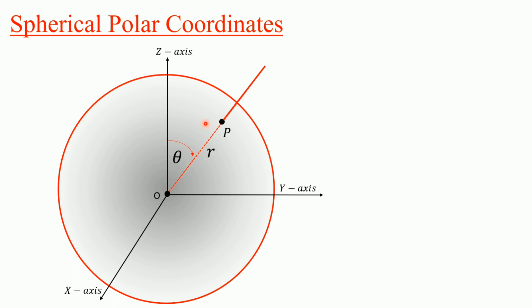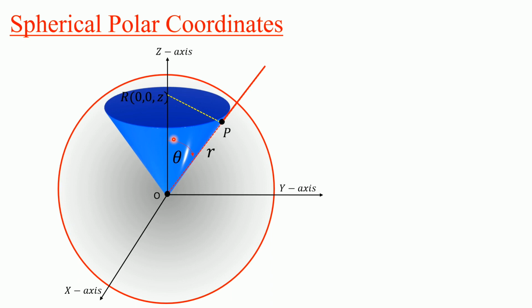But this will also not give us a unique point P, because if you rotate this radius vector about the z-axis by keeping this angle theta fixed, we will get this cone, and the intersection of this cone with the sphere will give us this circle C. Every point which lies on this circle C will share these two properties: the point is at a distance r from the origin, and the angle between the radius vector and the z-axis for that point is theta.